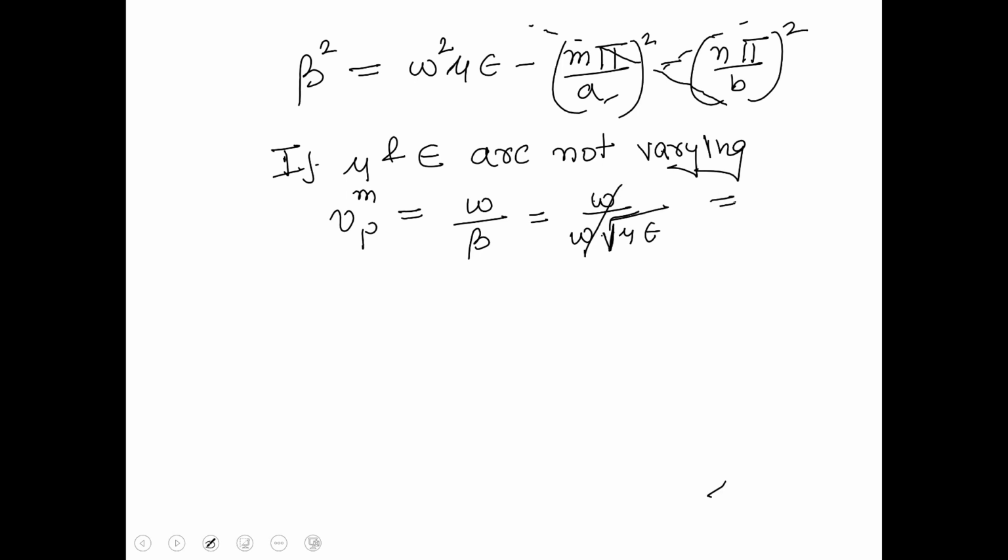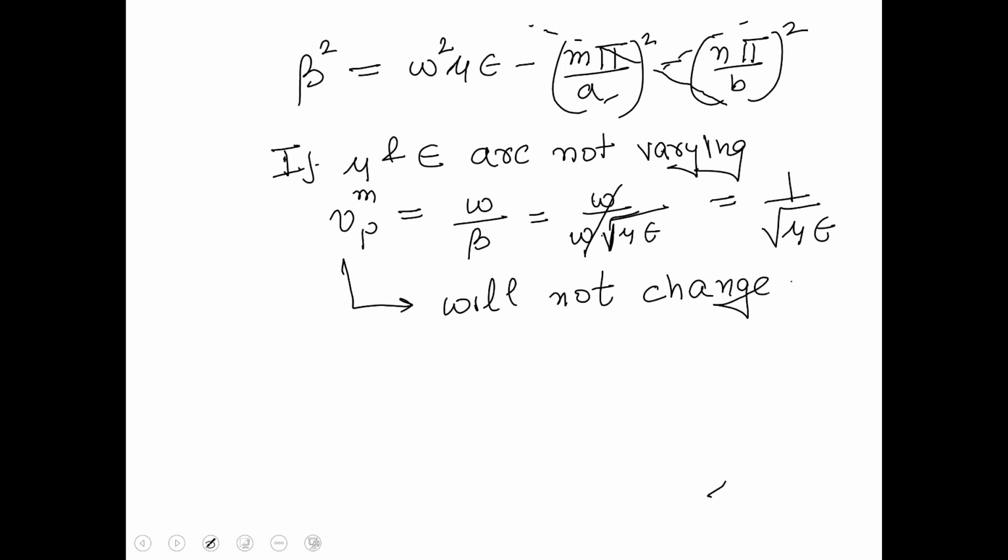And now you have 1 by square root of mu epsilon. V phase medium will not change with frequency. If I go to a different frequency, it will not change with frequency.